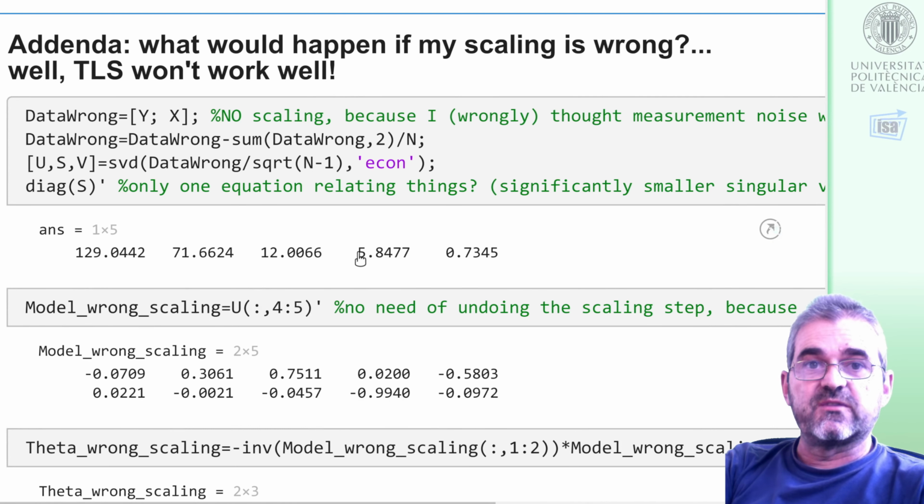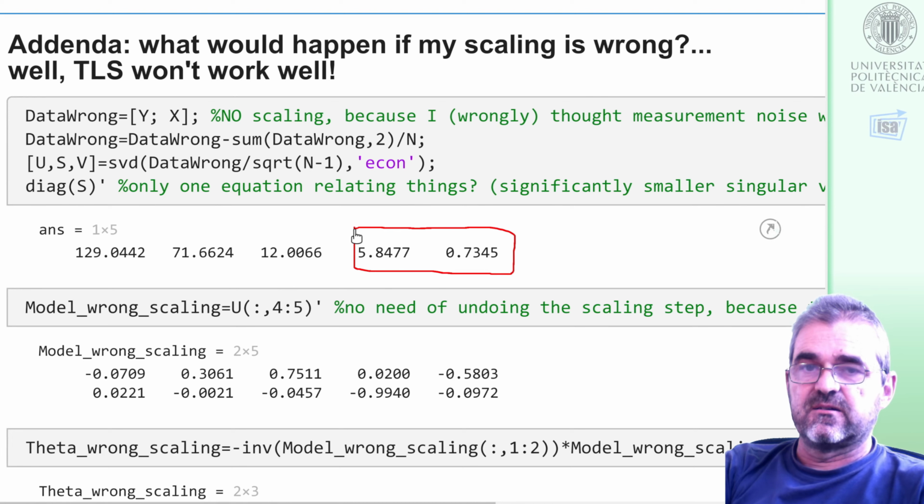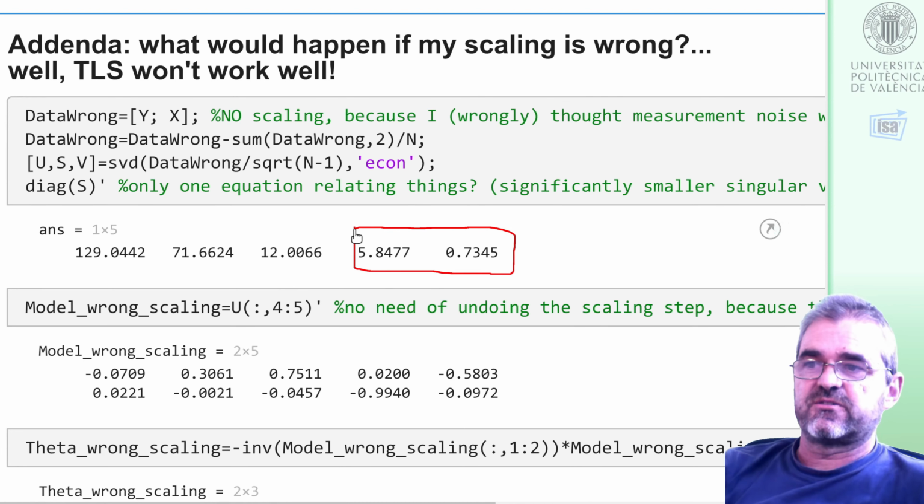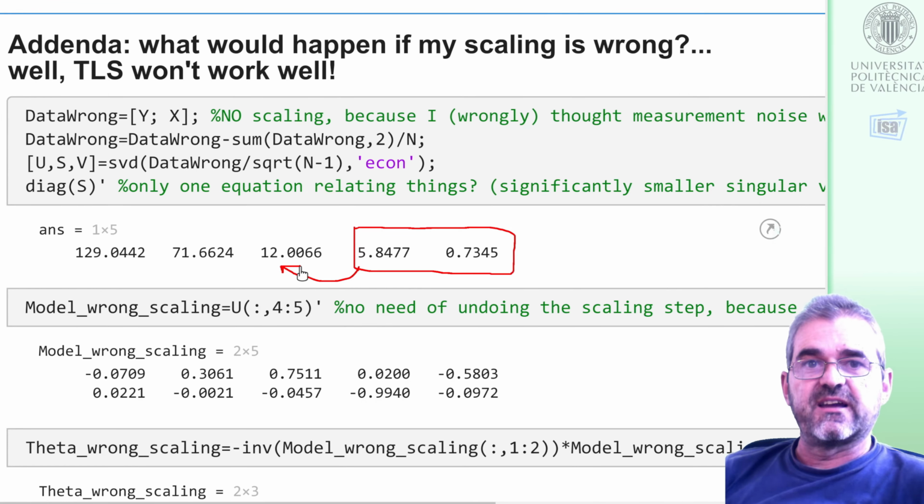As we know that there are 2 equations, it takes a lot of imagination, but I will assume that this 5.8 is also small compared to this 12. But if the scaling were perfect, I would have 1, 1, and here I have 6.7.